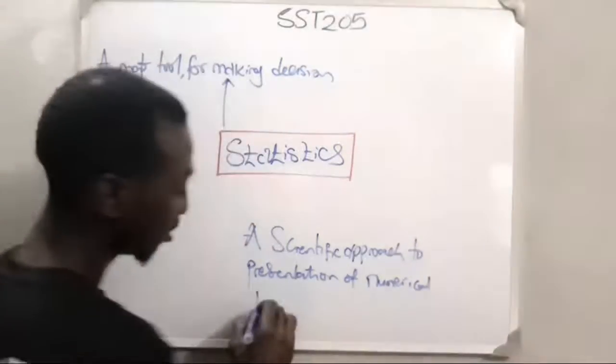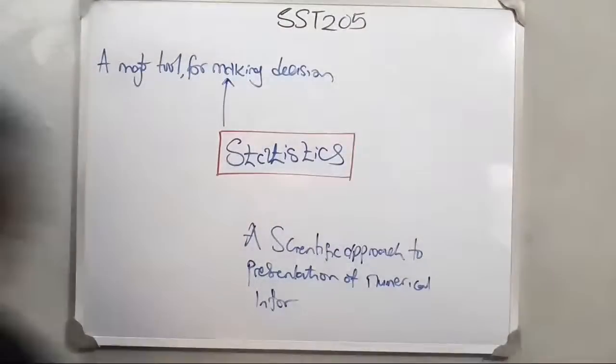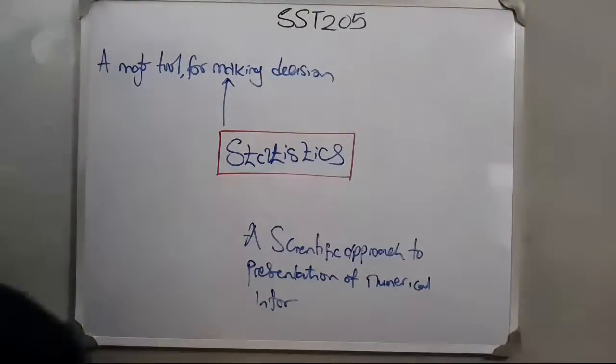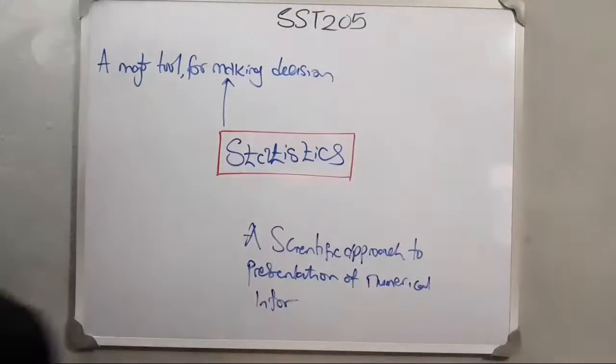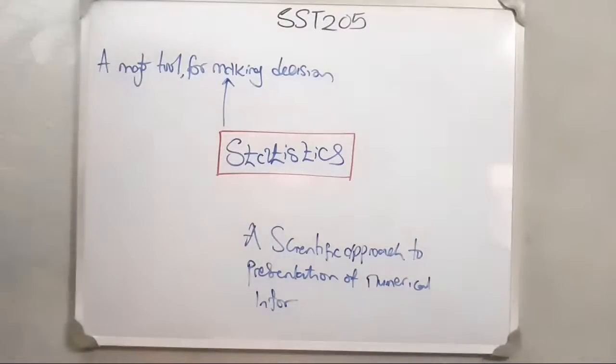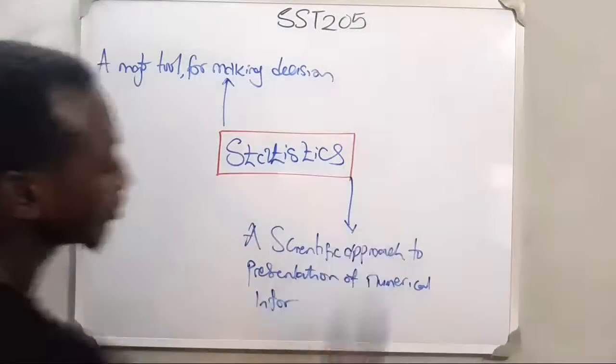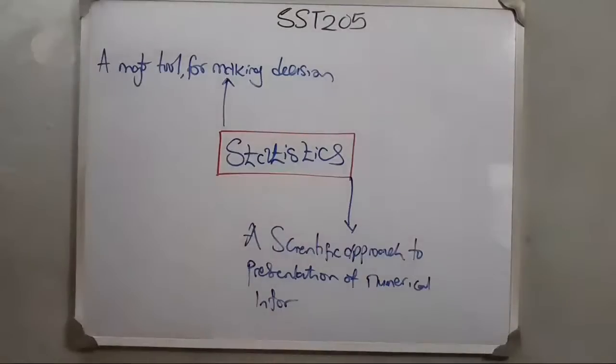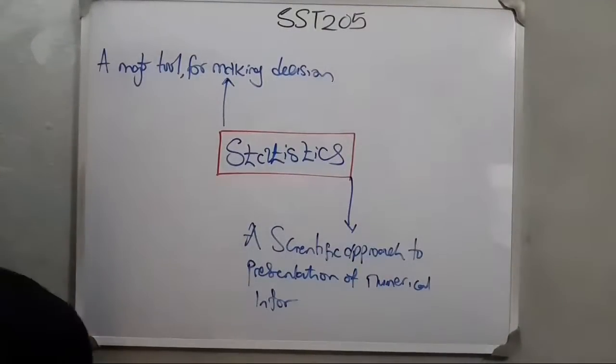When we say anything that has to do with scientific approach, it has to do with observing a series of processes. So statistics is said to be a scientific approach to presentation of numeric or numerical information.